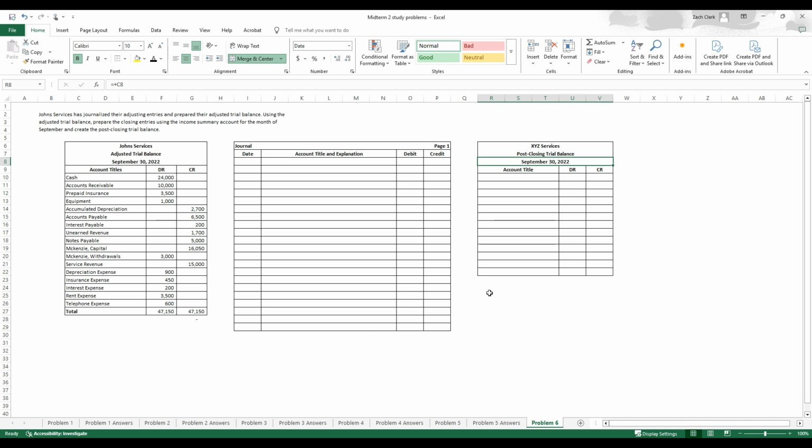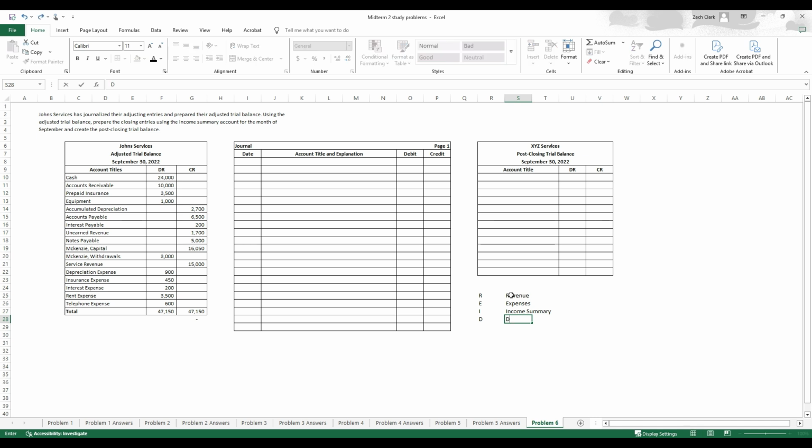One thing to remember with our closing entries is the REID. If you remember, that stands for revenues. We're going to close revenues first, then we're going to close expenses. We're going to close both those to the income summary, and then we're going to close the income summary next to capital.